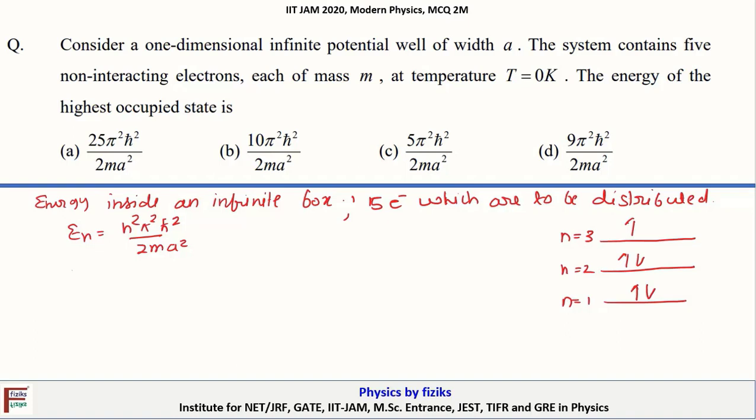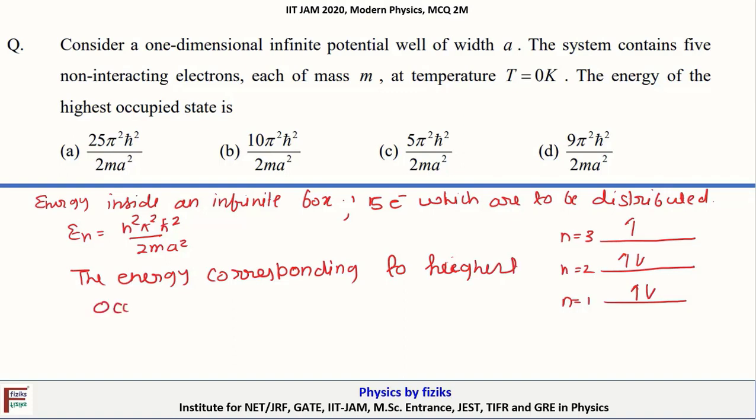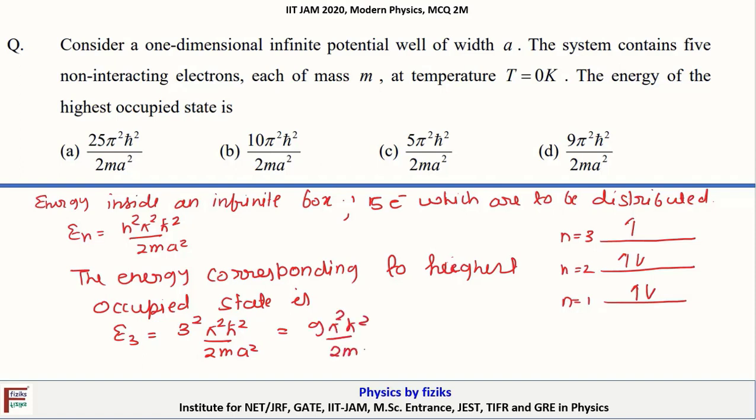So the energy corresponding to the highest occupied state is E3, which corresponds to 3 square pi square h square by 2 m a square, that is 9 pi square h square by 2 m a square.